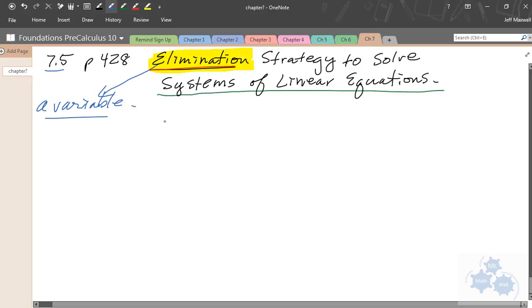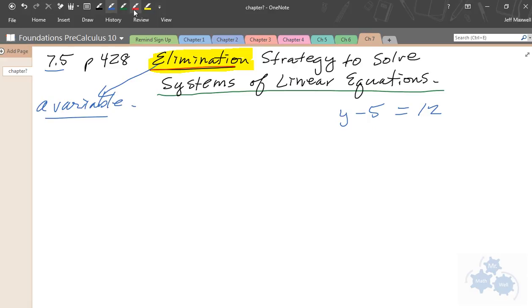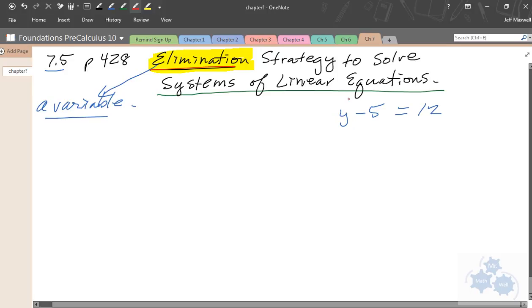Okay, this very first example is not going to be an equation per se that we're going to deal with, but let's say I had y minus 5 equals 12, okay? This is just a side example, but if I wanted to isolate for y, to get y all by itself, I would want to get rid of the minus 5 from this side, right?